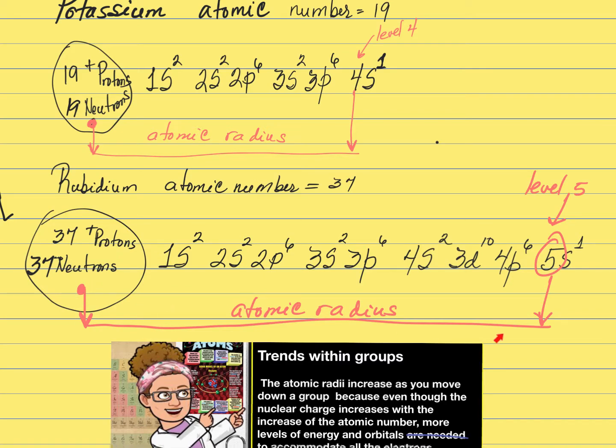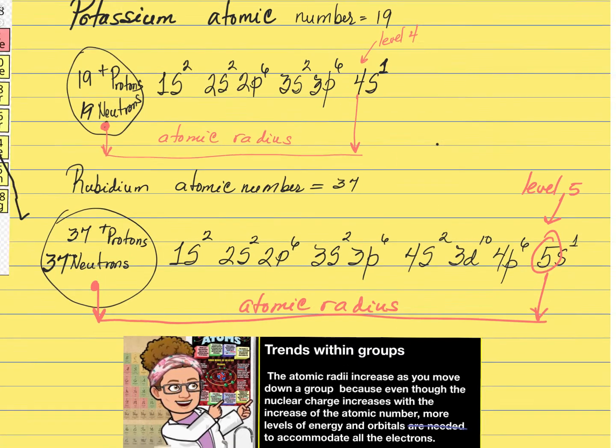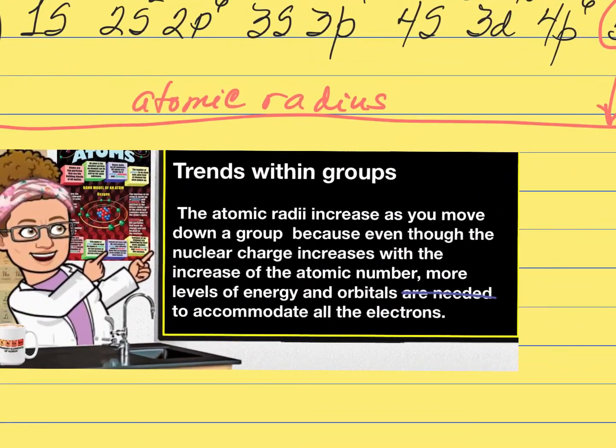Center of the nucleus all the way through level number 5. And that's why when you are moving down a group, the atomic radius is going to increase. Why? Because the levels of energy are increasing as well.